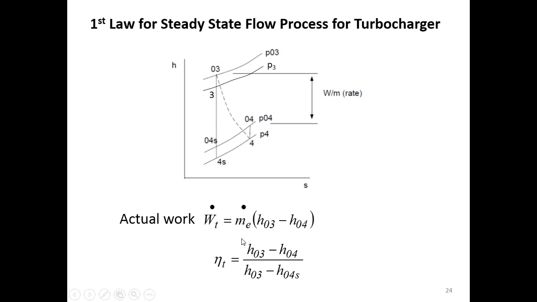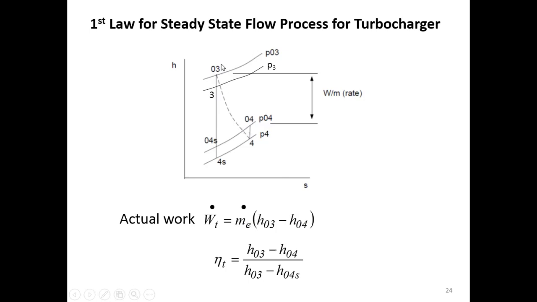The mass flow rate of the exhaust, because our turbine is run by the exhaust. So the actual work from the turbine is the mass flow rate of the exhaust times the enthalpy change, from the stagnation enthalpy at point 03 to the stagnation enthalpy at point 04 here.